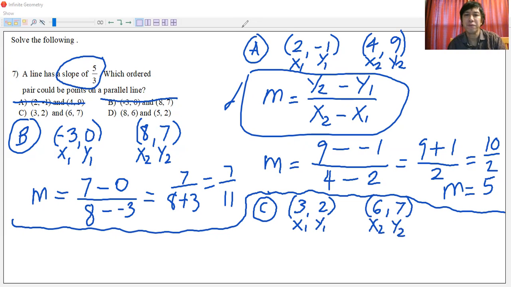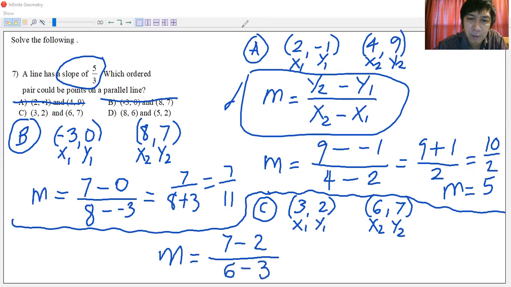Using the same formula, m equals y2 minus y1, that looks like 7 minus 2, over x2 minus x1, that's 6 minus 3. And we have something like 5 over 3.